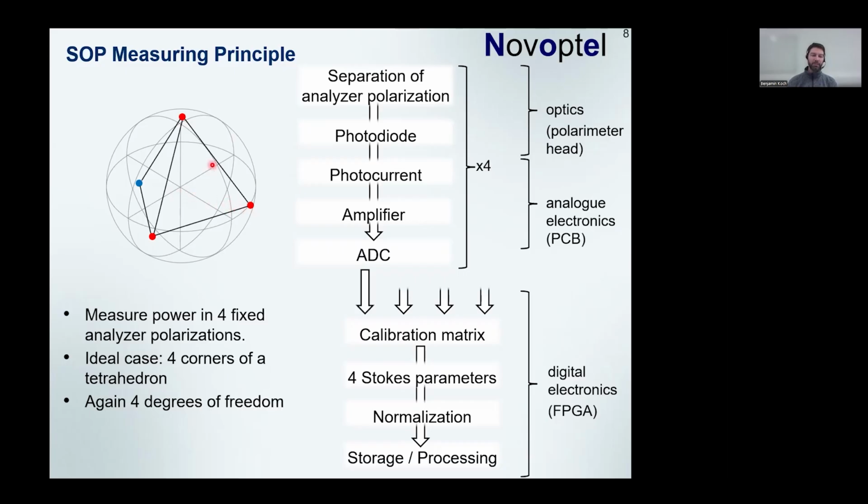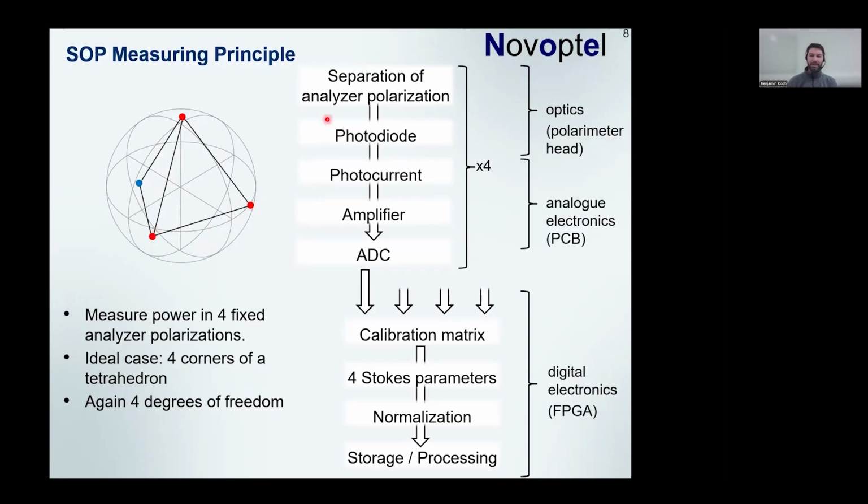And in principle, they could be just distributed over the sphere, but there is an ideal case where these 4 polarizations form a tetrahedron. So the red dots are on the front of the sphere and the blue is in the back. So this difference here has the same length as this. So I really try to draw a tetrahedron.